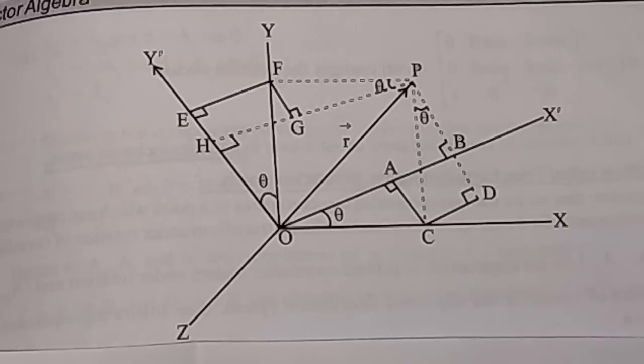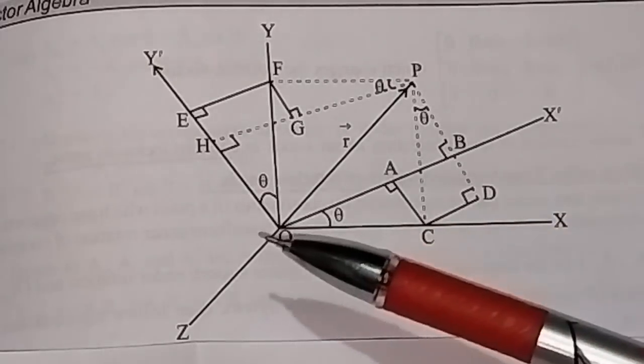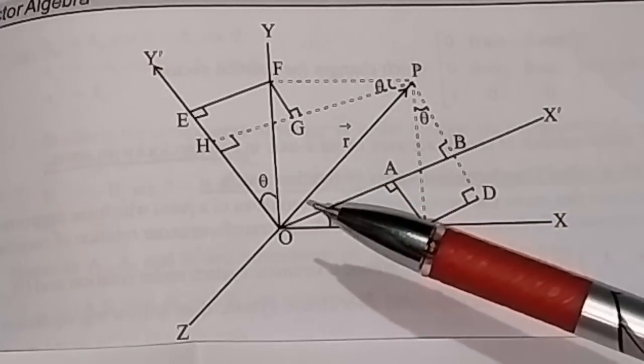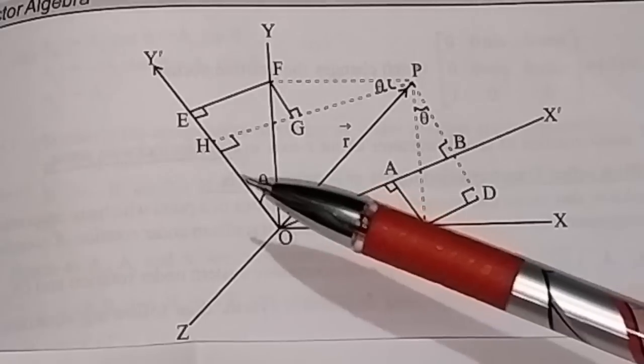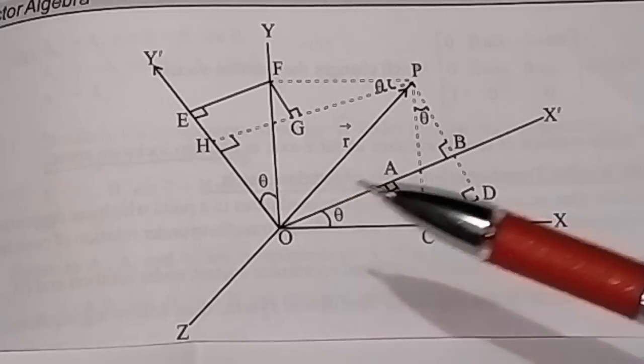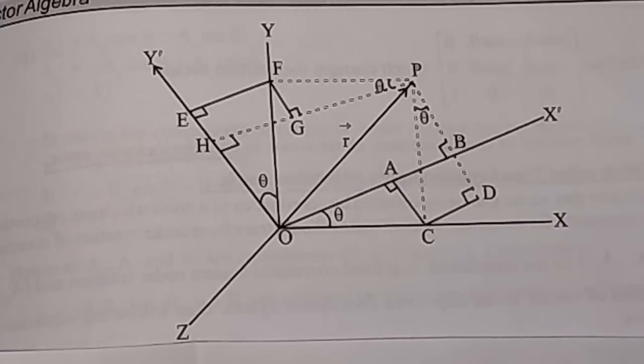So OH will be equal to OE minus EH, where OE is y cos theta and EH is x sin theta. But what is OH? You can write OH is equal to y prime. So y prime will be equal to y cos theta minus x sin theta.